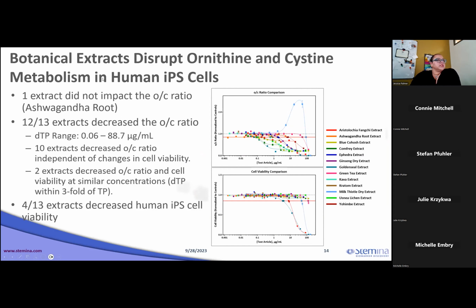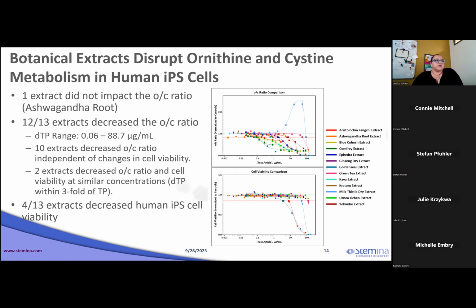And so when we looked at the data, I know that these graphs are really busy and I'm going to simplify that and show more in-depth ones, but what I wanted to do here is show the range of responses that we observed, because there was a lot. One did not impact the OC ratio at all at the concentrations that we tested, and that was the ashwagandha root. And 12 of the 13 did decrease the OC ratio at some point within their dose response curve.